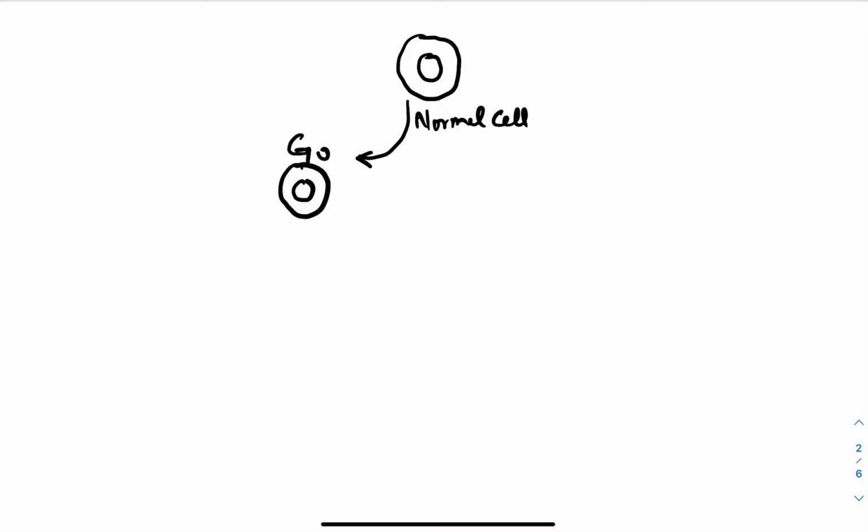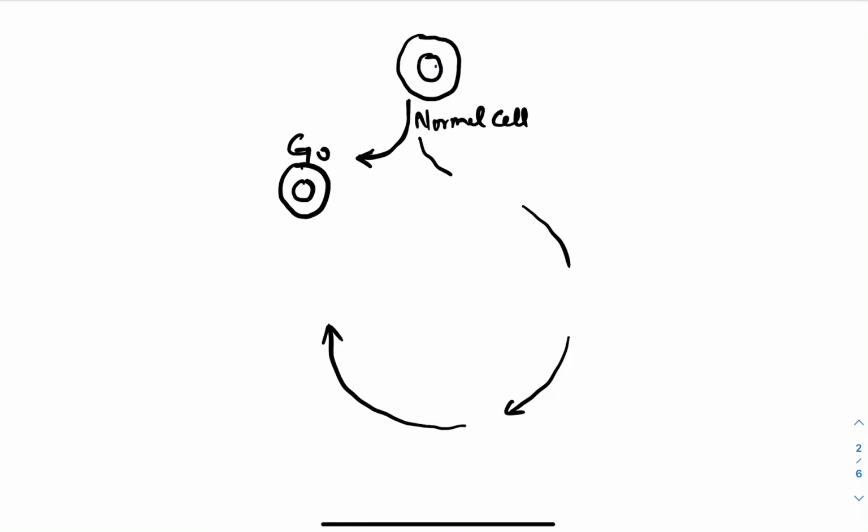If it has to undergo division, it passes through this cell cycle, which I have reviewed already, and this is controlled by the genes.